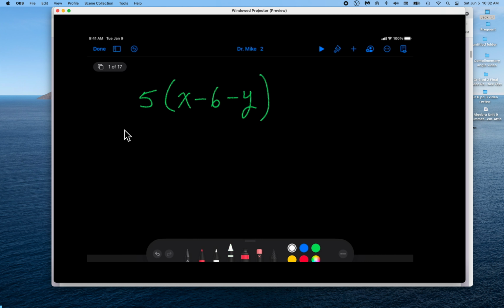Okay. If you're presented with this problem and you're asked to perform the distribution process, you get your arrows popping. Three separate multiplication problems. In addition, I recommend you circle the integer and the sign that precedes it.